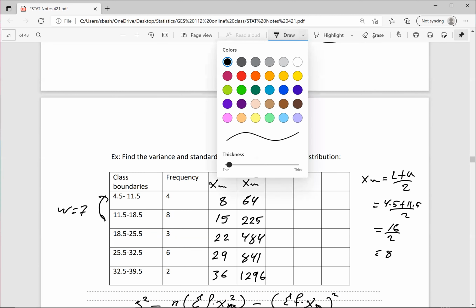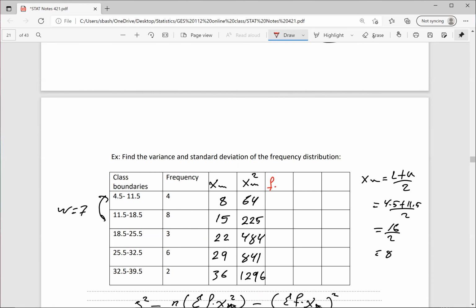For the next step, I need to find the product of f multiplied by xm, the second and third columns. 4 times 8 is 32. 8 times 15 is 120. 3 times 22 is 66. 6 times 29 is 174. And 2 times 36 is 72.